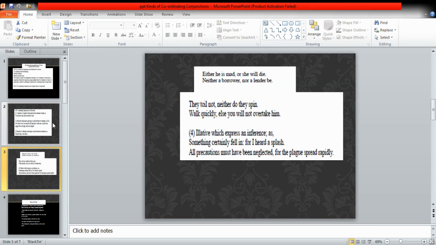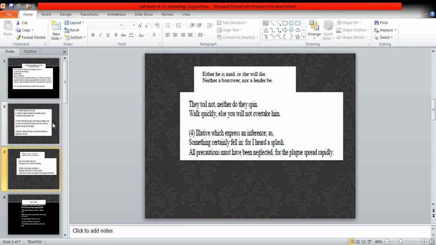Like you can see in the example, something certainly fell in, for I heard a splash. It means that the result of the first statement we can see in the second statement, and the conjunction which would be joining these two statements will be called illative conjunction, which is "for" in this sentence.